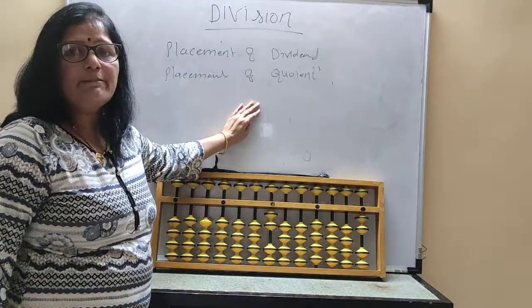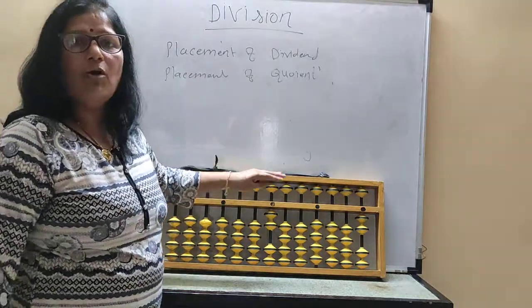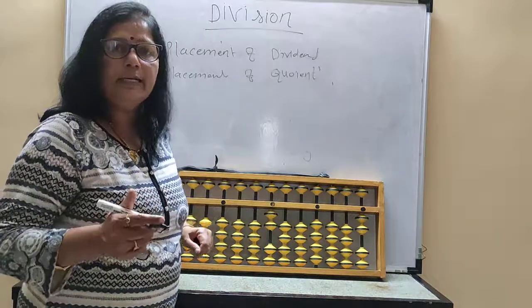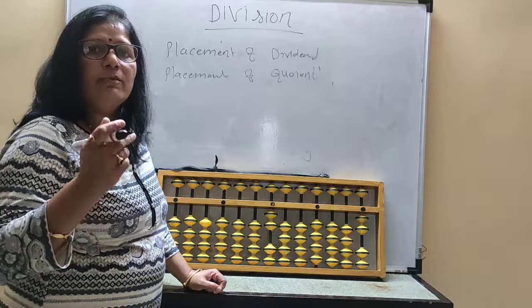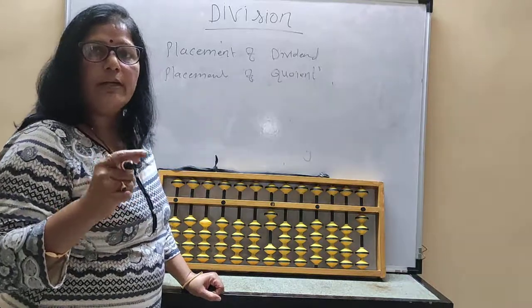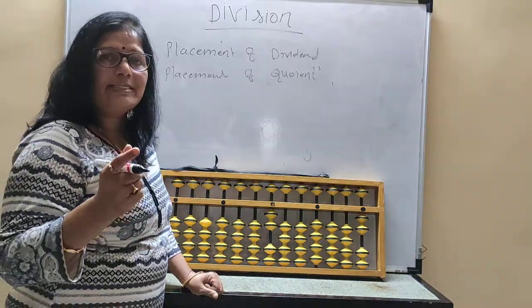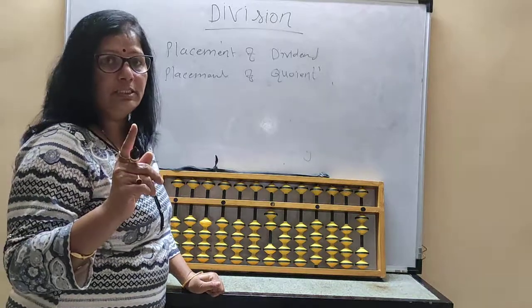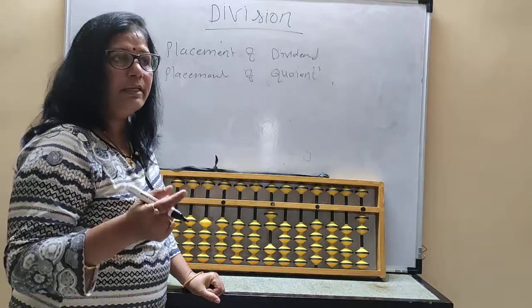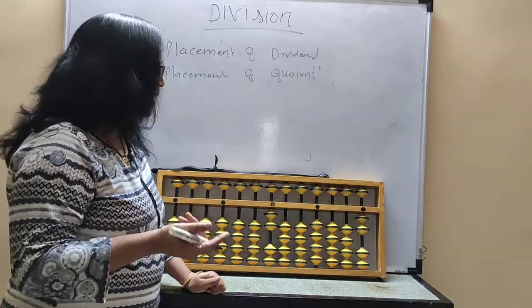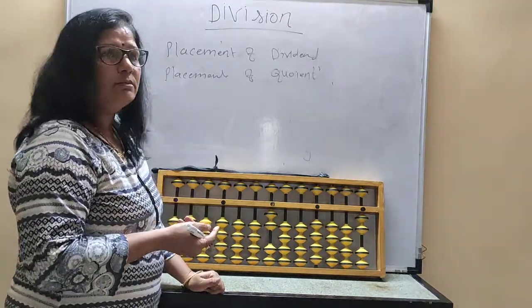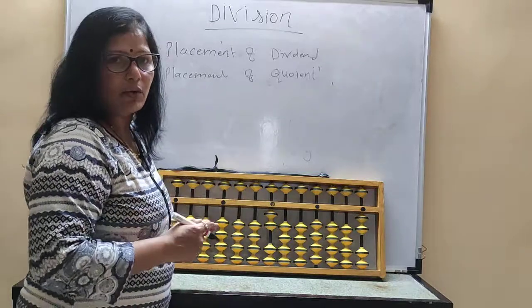First rule: if the first digit of the dividend is greater than or equal to the divisor, we jump 1 rod ahead. Second rule: if the first digit of the dividend is less than the divisor, we put the quotient on the very next rod.